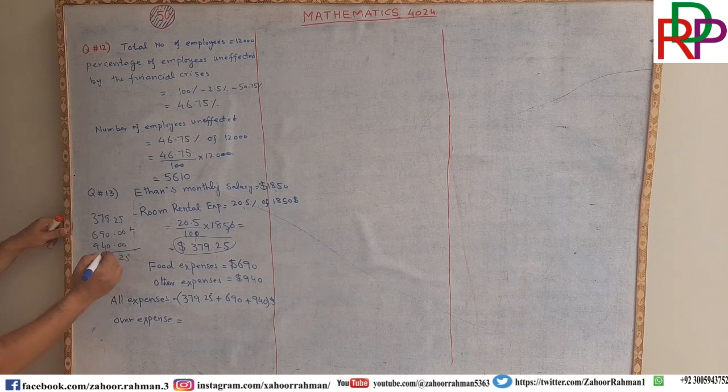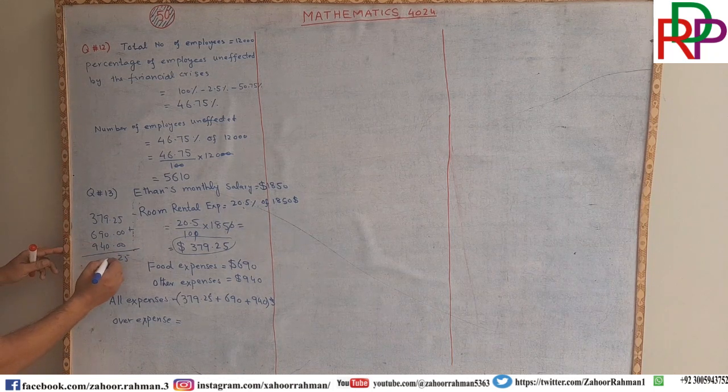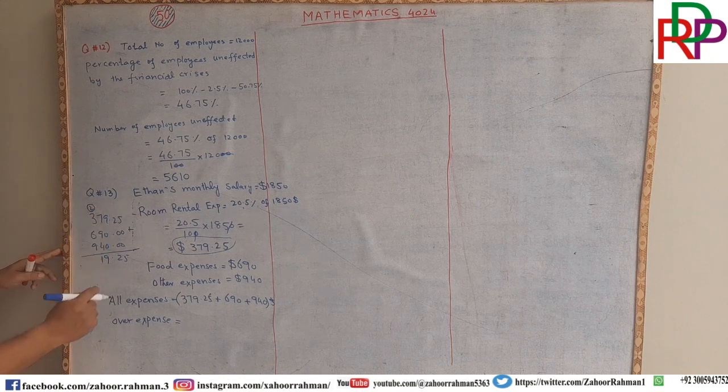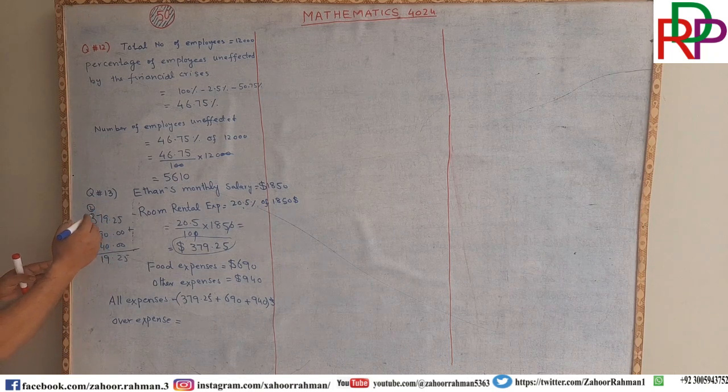So this is 25 and this is 9 and this is 21. 2 will be carried. So 5, 6, 11 and that is 20.